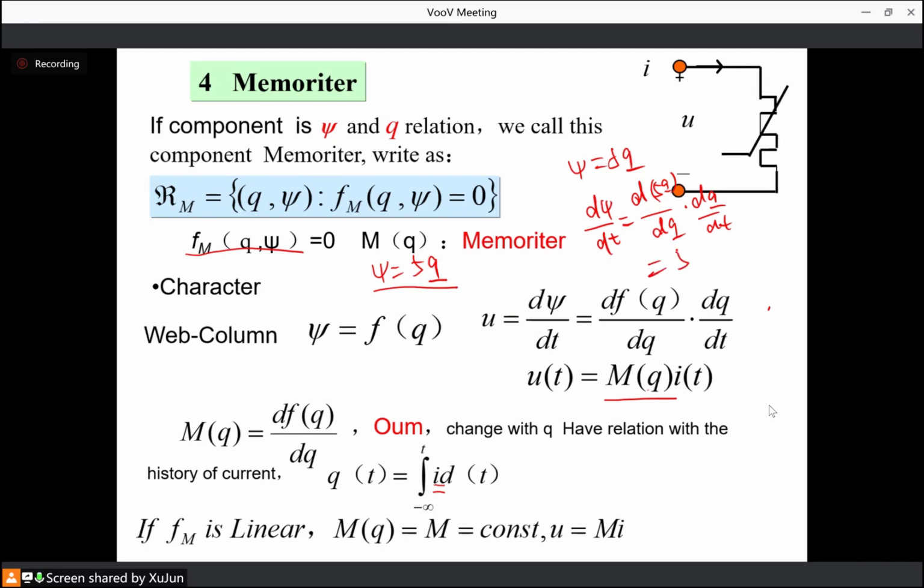This will be 5, this will be i, this will be u, so it will be a common resistor. So if f is a linear function, M will be constant, so it will be a common resistor. If this function is nonlinear, this part will contain q. We call this a memristor.